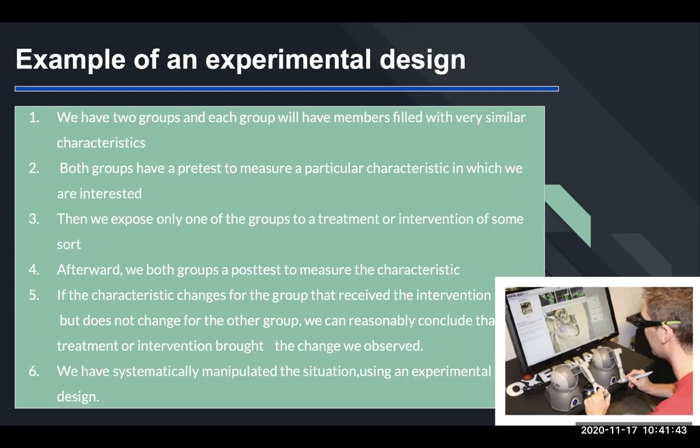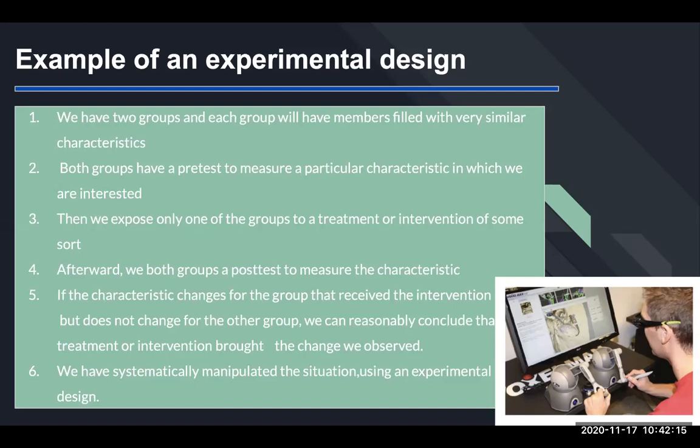Then we will expose only one of those groups to a treatment or intervention of some sort. Afterwards, we'll give both groups a post-test to measure that characteristic. If the characteristic changes for the group that received the intervention but does not change for the other group, we can reasonably conclude that the treatment or intervention brought the change we observed.